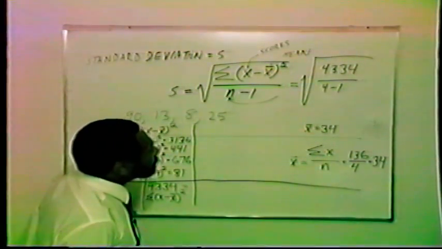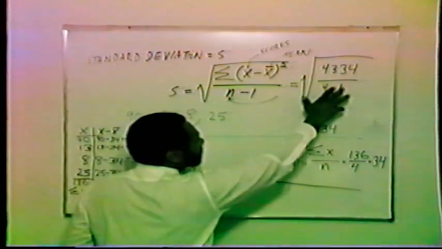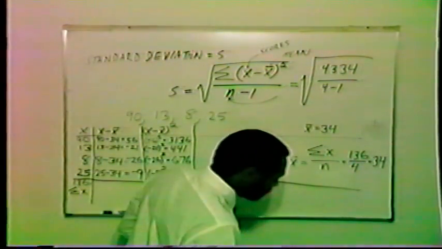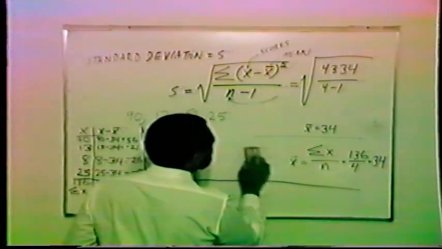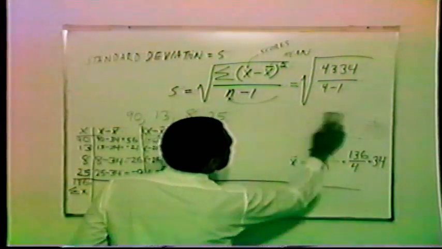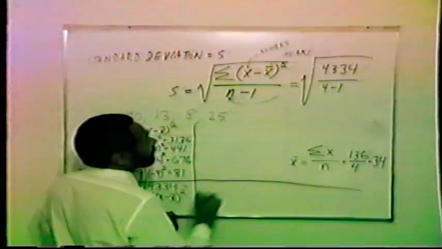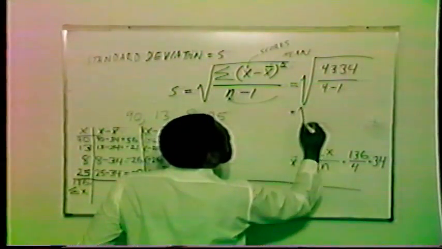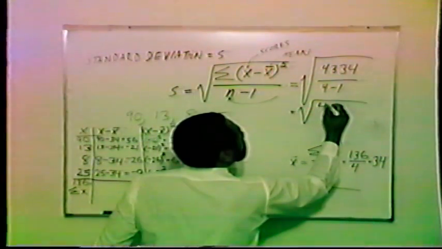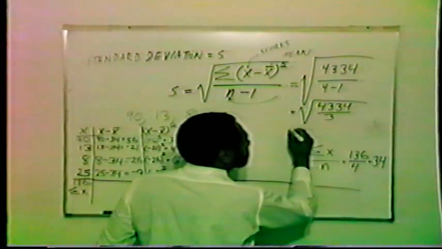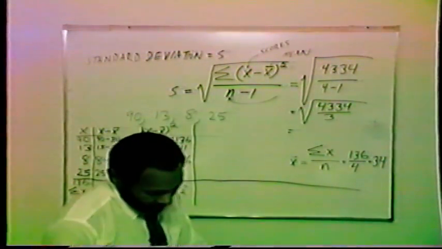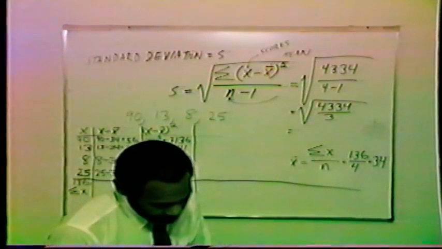And the next thing we do is simplify that to get our answer to the problem. When we do that, we have 4,334 divided by 3. And we work that out.